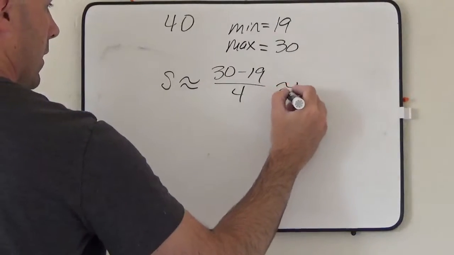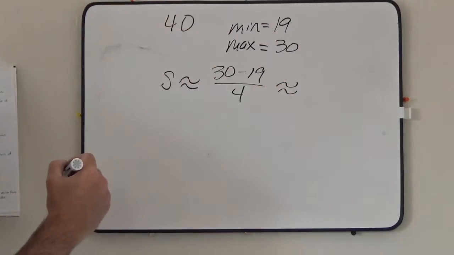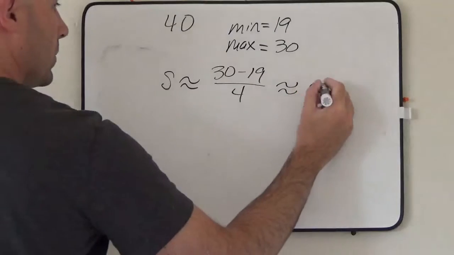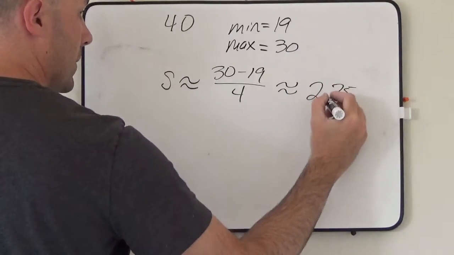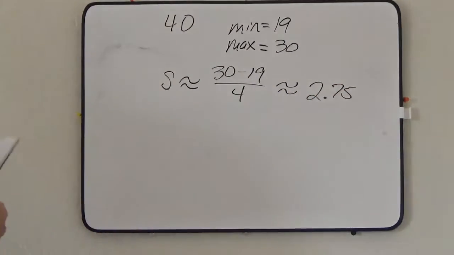Our standard deviation is going to be approximately 2.75 chips per cookie. Okay.